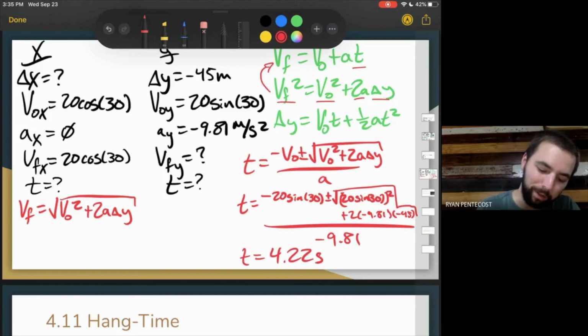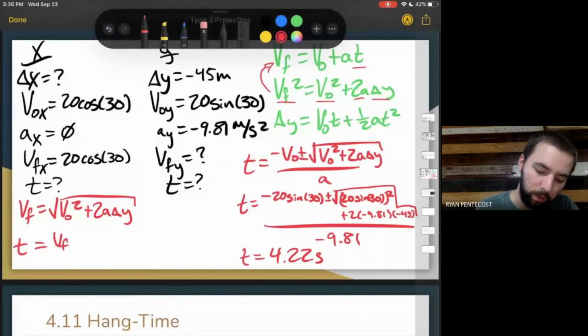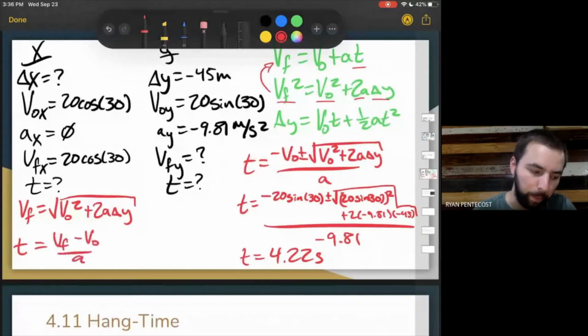Okay, so let's look at this. I'm going to solve the top one. t equals v final minus v naught over a. That is the exact same thing, right? Yeah, that's going to end up being the exact same thing because v final is going to be negative, right?